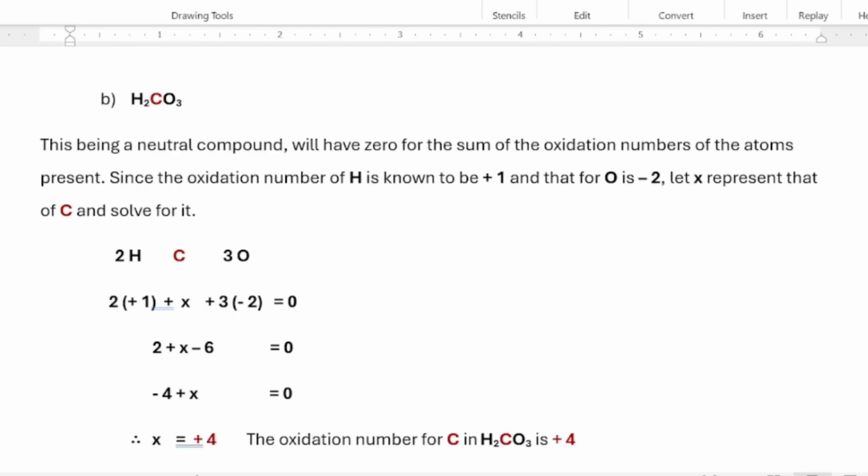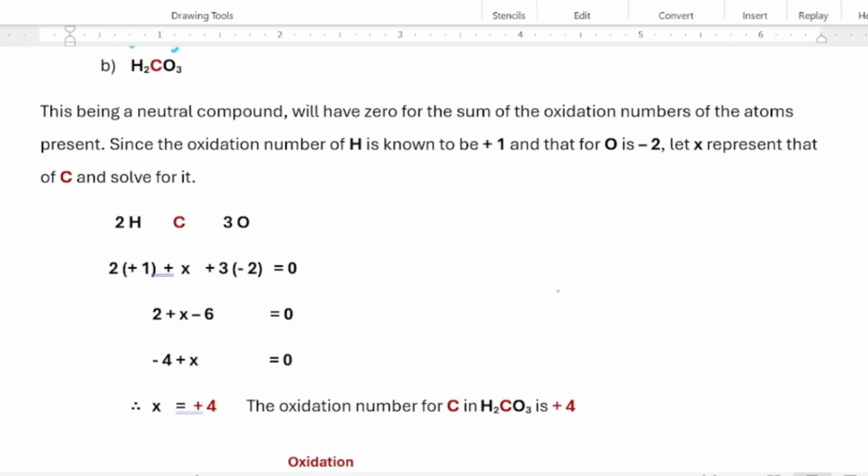Next, for carbon in hydrogen carbonate. Again, this is a neutral compound. We know what hydrogen is. We know what oxygen is. We can let X be that for carbon and we solve for it. So we have 2 hydrogens, 1 carbon, 3 oxygens. That's X for carbon. 2 times that is positive 2. 3 times that, negative 6. Do the math.